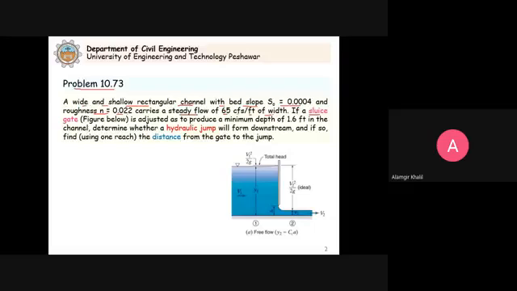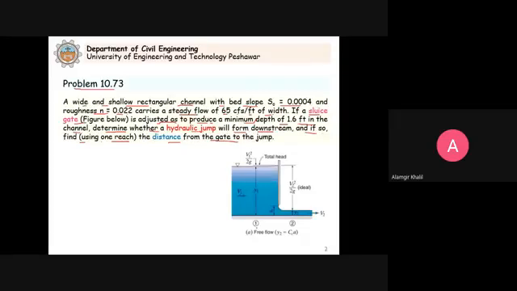If a sluice gate, which is shown below, is adjusted to produce a minimum depth of 1.6 feet in the channel, determine whether a hydraulic jump will form downstream, and if so, find, using one reach, the distance from the gate to the jump.